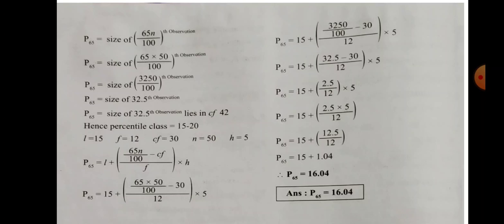Next, P65 is equal to 15 plus (2.5 into 5) divided by 12. Next, P65 is equal to 15 plus 12.5 divided by 12. Now P65 is equal to 15 plus 1.04, and the final answer for P65 is 16.04.